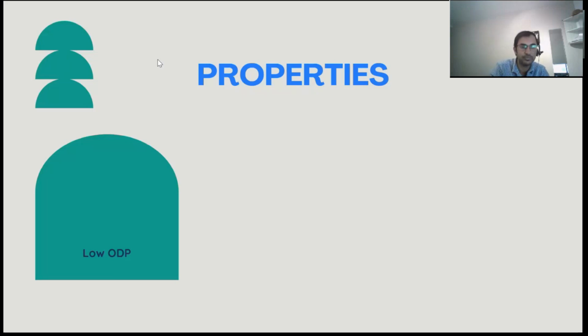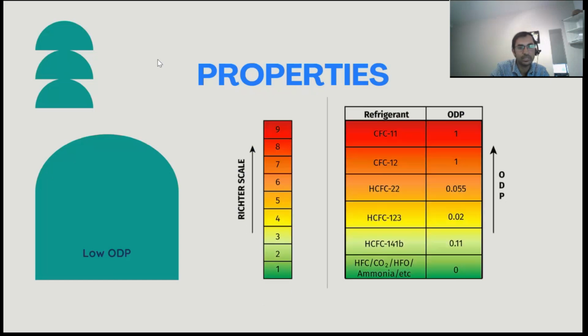This refrigerant gas will go to the atmosphere, rise above the earth's surface, and break the ozone layer, which is very difficult to repair, because UV and other harmful rays will then enter and create problems for the earth and the environment. So this is definitely one of the most important criteria for selecting the refrigerant.